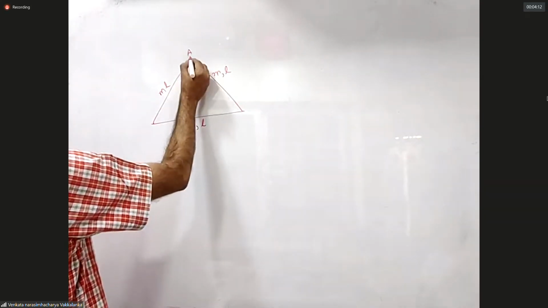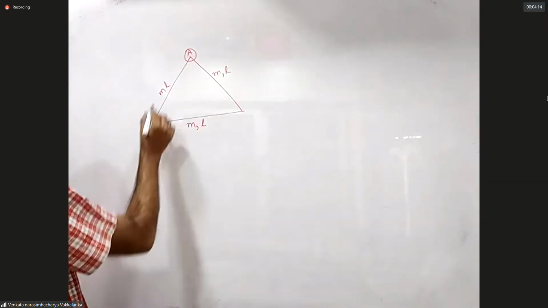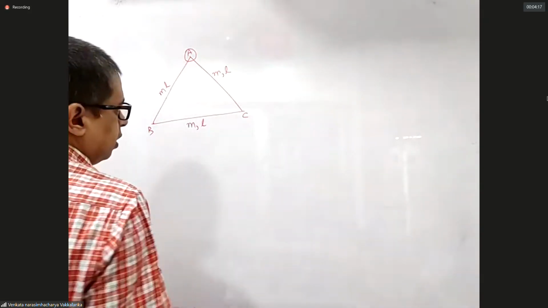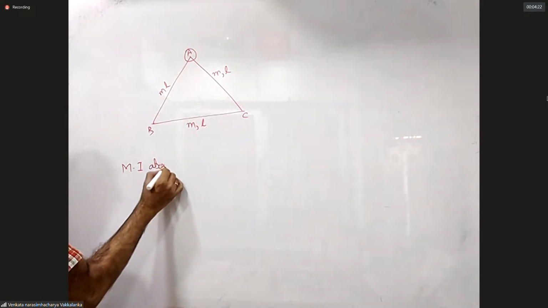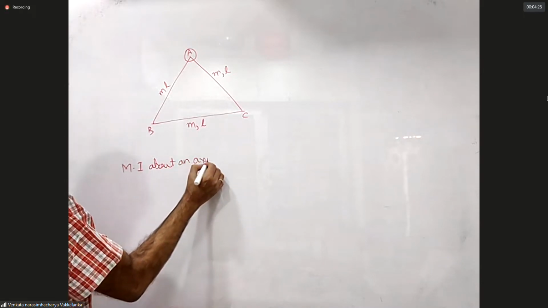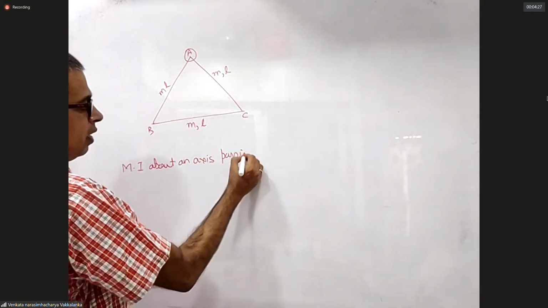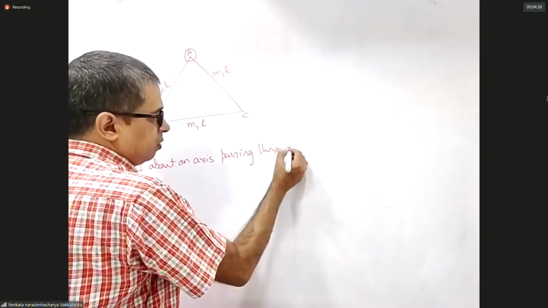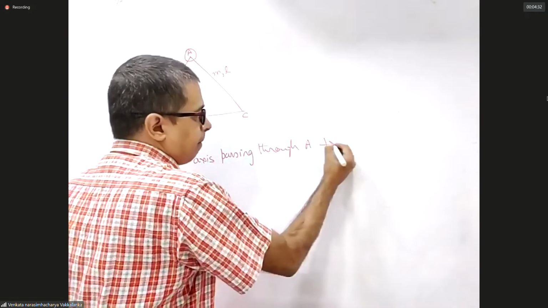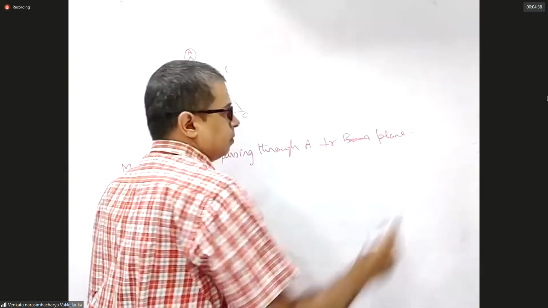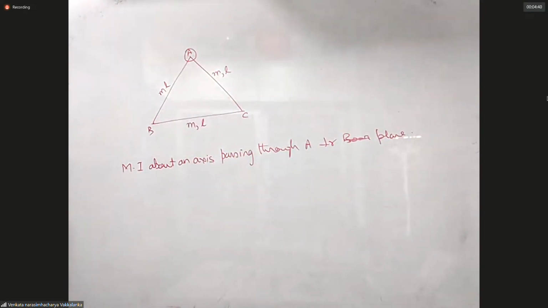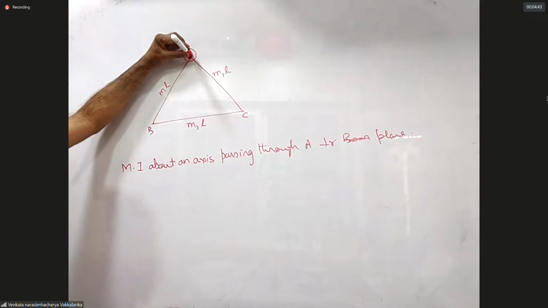You want the moment of inertia about an axis passing through a point, perpendicular to the plane. That means you want the moment of inertia about this axis.